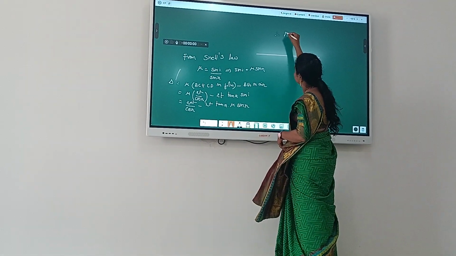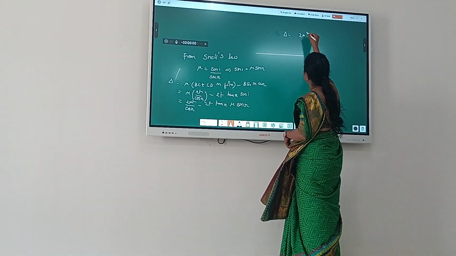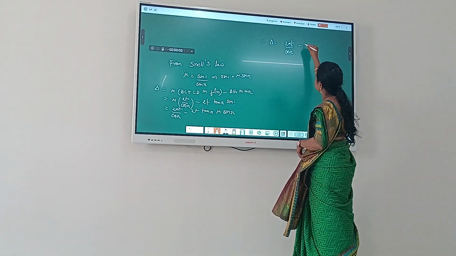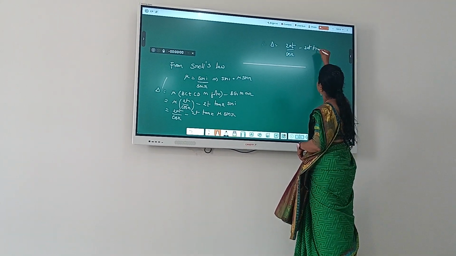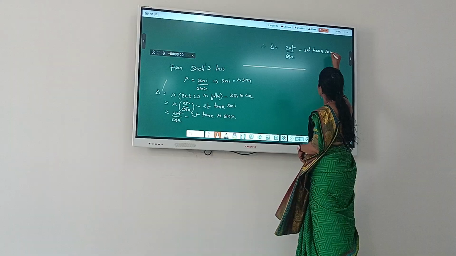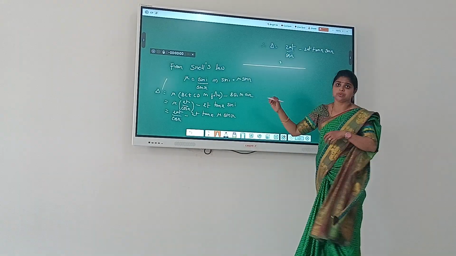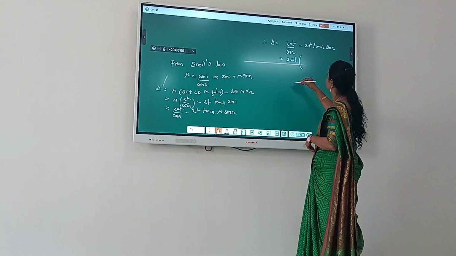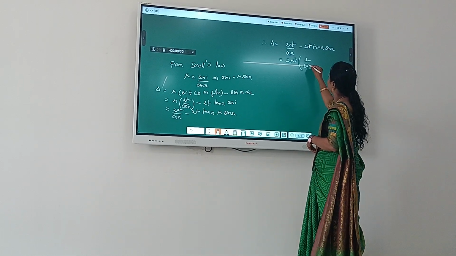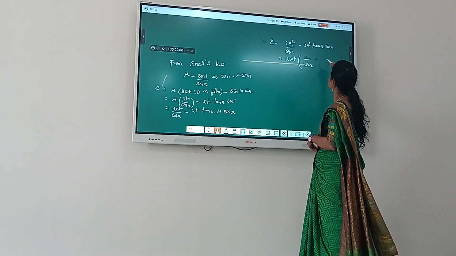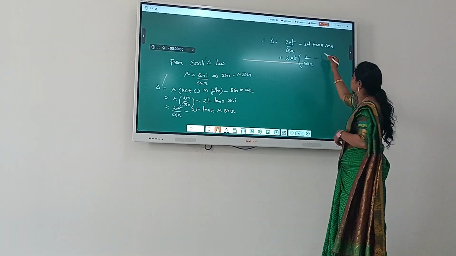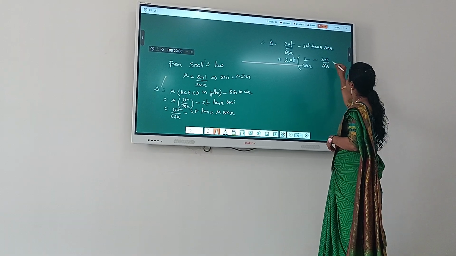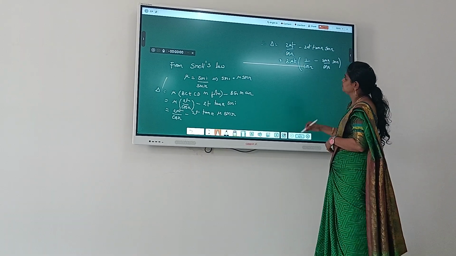Therefore delta equals 2 mu T by cos R minus 2 mu T tan R sin R. The common term is 2 mu T. So 2 mu T into (1 by cos R minus tan R, meaning sin R by cos R, into sin R).